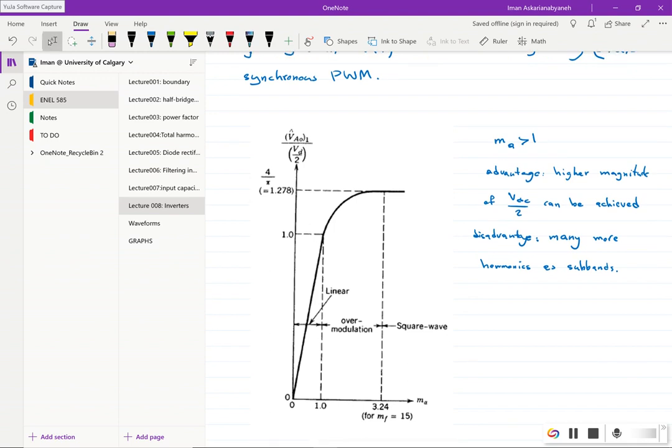Okay, so now you see that if we have a large enough MA, this goes into basically a square wave.